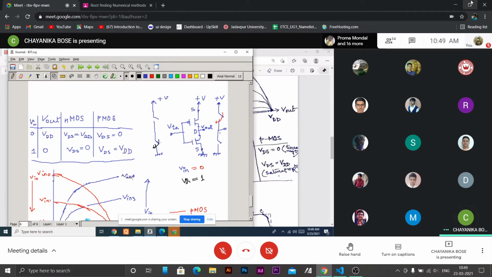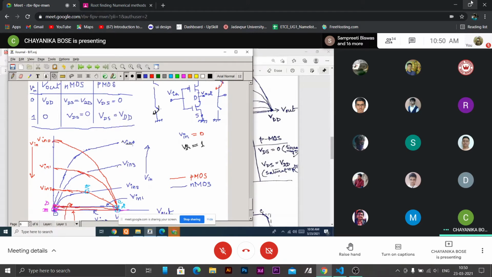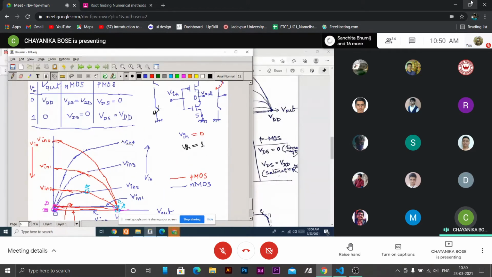V out will be 0, V out will be VDD. So at V out VDD, I get two points: NMOS in the saturation region, this blue one, and PMOS VDS will be 0, so it will have the linear region. So the red ones are the drain characteristics of PMOS.